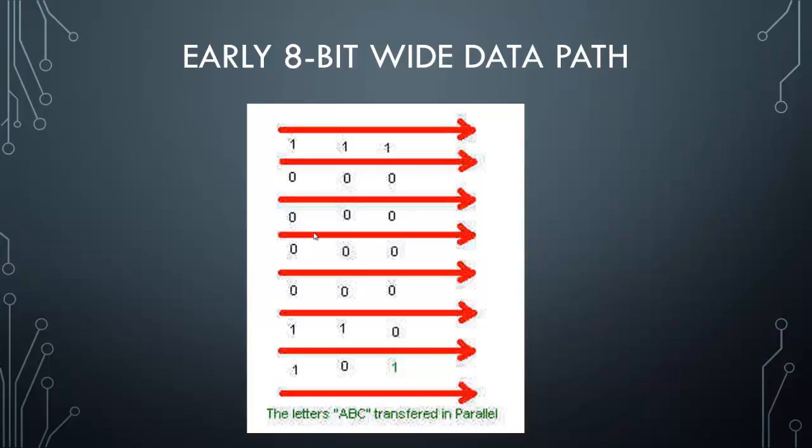So look at it this way. If I was going to send the letters A, B, and C through one of the buses, and we're going to assume this is a very early one that's only 8 bits wide, we send a pulse of electricity on this first circuit, nothing on all these, and then a pulse of electricity on this last circuit. Then we say bam and send that.